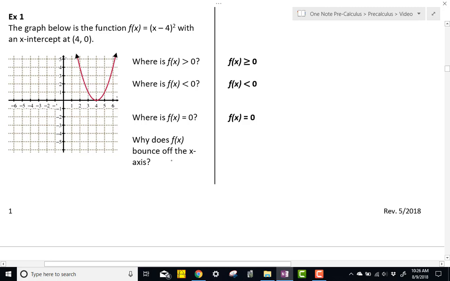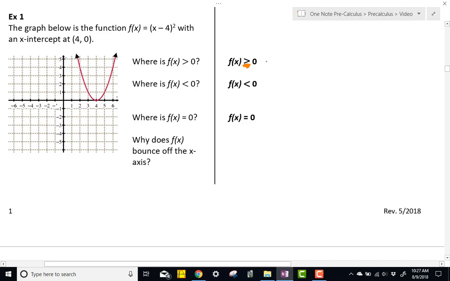All right. So I actually said where is f of x greater than 0 here, and then I have an equal sign under here. So maybe we'll just take that off. So where is f of x greater than 0? Well, it's pretty much greater than 0 all the time except at +4.